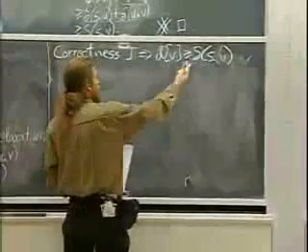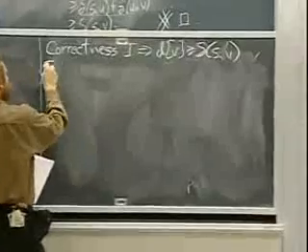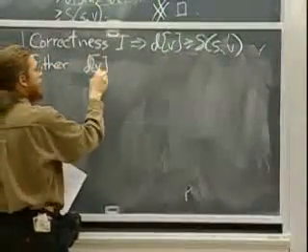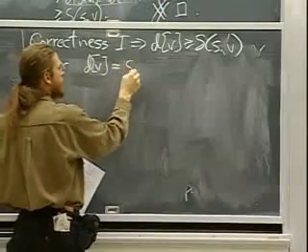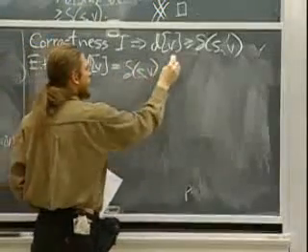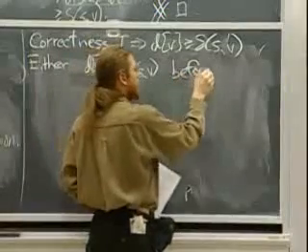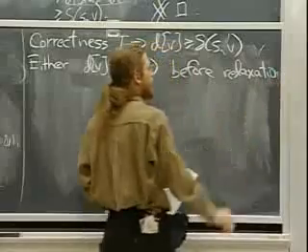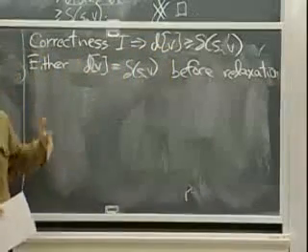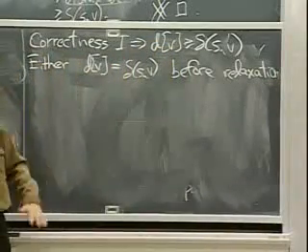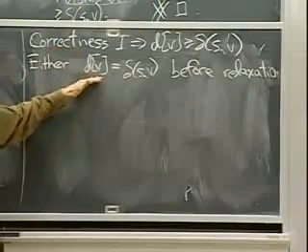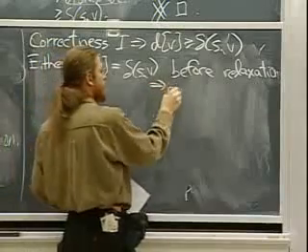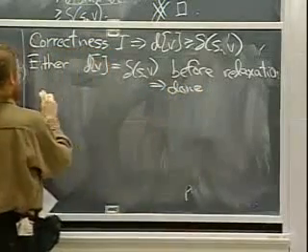At that point, either they're equal before relaxation, or it's greater. If they're equal, we're happy, because relaxation only decreases values, and by correctness 1 it can't get any smaller than this. So after relaxation, it will also be equal. In this case, we're done. That's a trivial case.